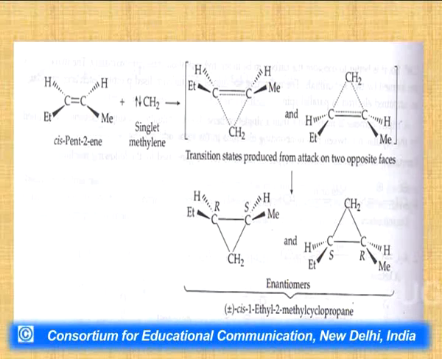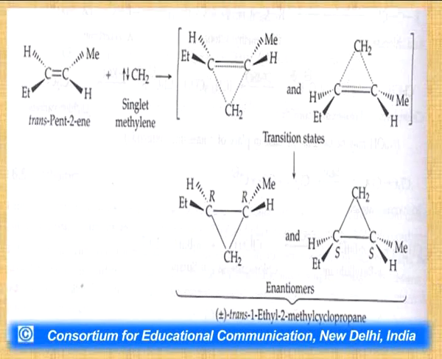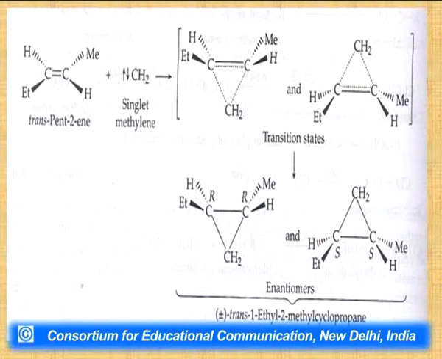You can see in the slide that when cis-pent-2-ene reacts with singlet methylene, there is a transition state which produces the two intermediate possibilities, and as enantiomers we get plus-minus cis-1-ethyl-2-methyl cyclopropane. Another slide shows the addition of singlet methylene to trans-pent-2-ene.